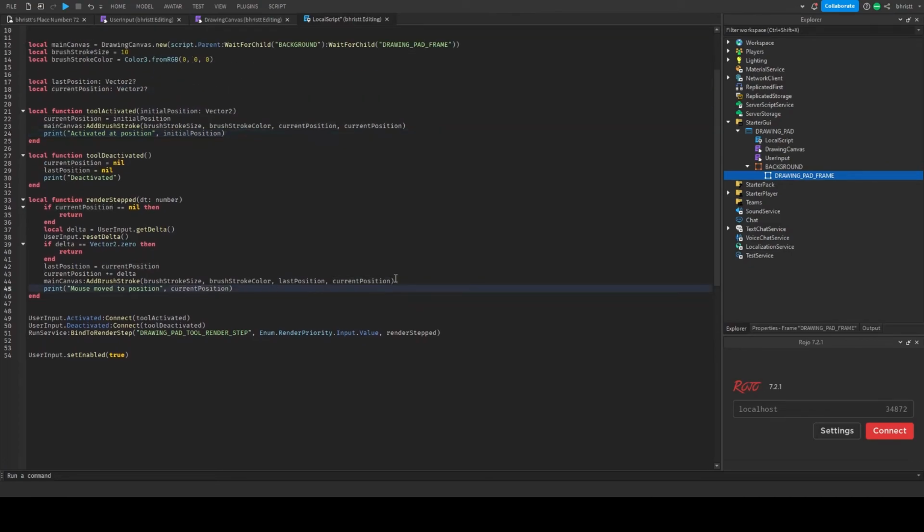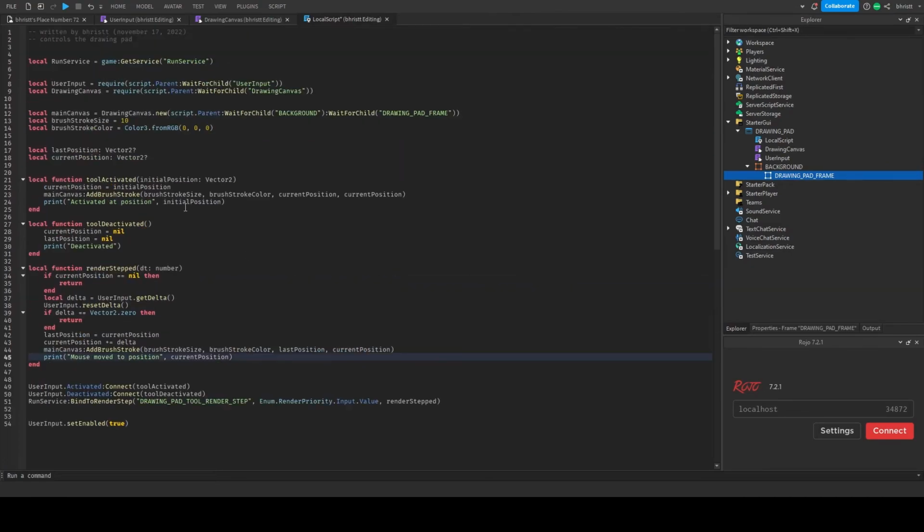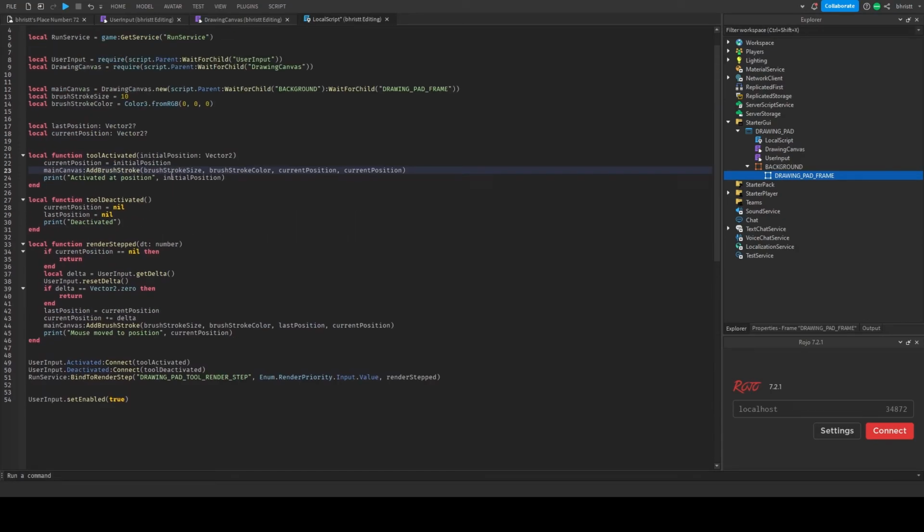And then here, on this render step function, we also added this last position. So when you activate the tool, it creates this dot at the current position that you activated the mouse at. And when you move it, it also sets the last position to this last position variable. And we set the current position to the actual position.